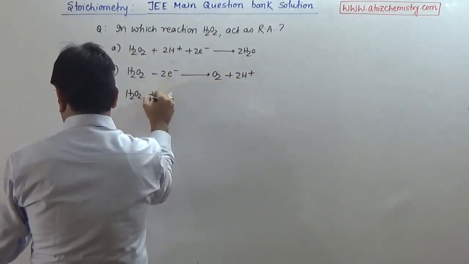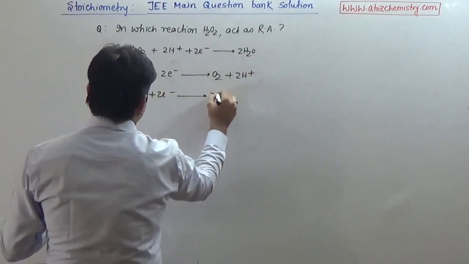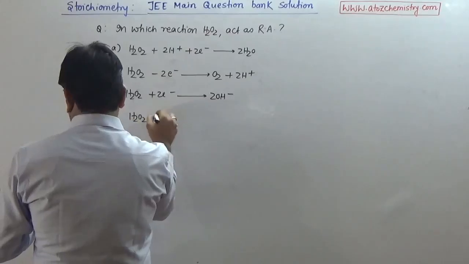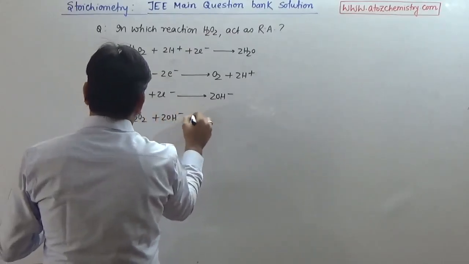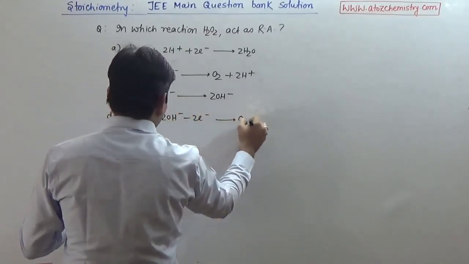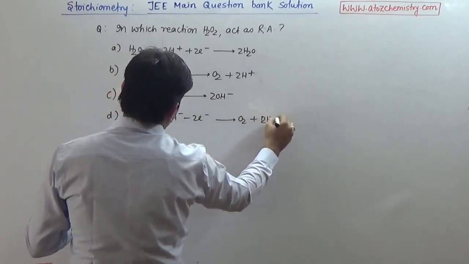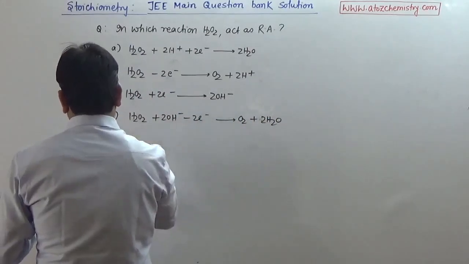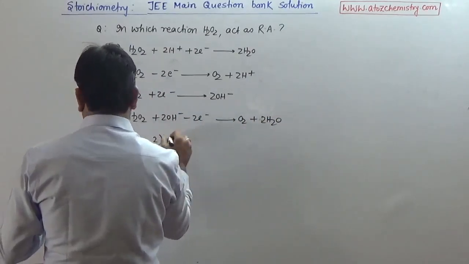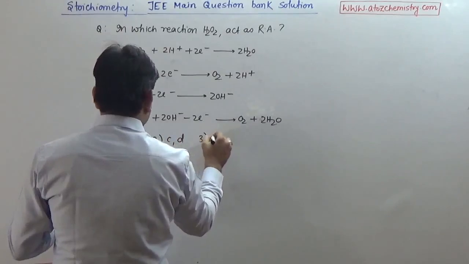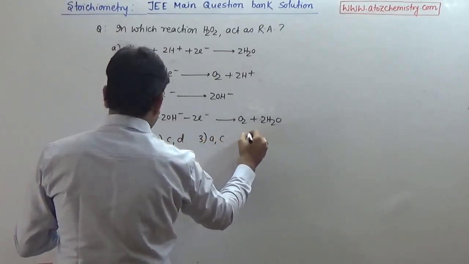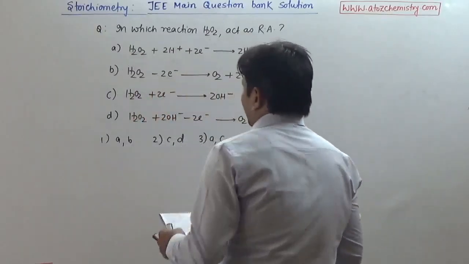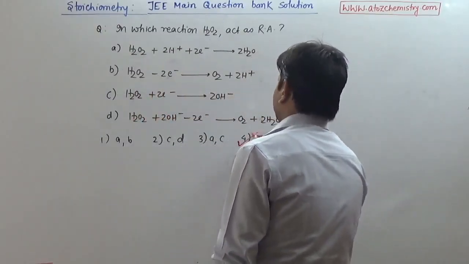C option is H2O2 plus 2 electrons gives 2OH minus, and D option is H2O2 plus 2OH minus minus 2 electrons gives O2 plus 2H2O. First option is A and B, second option is C and D, third option is A and C, and fourth option is B and D. Answer will be clearly B and D.